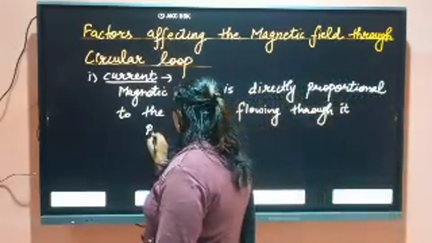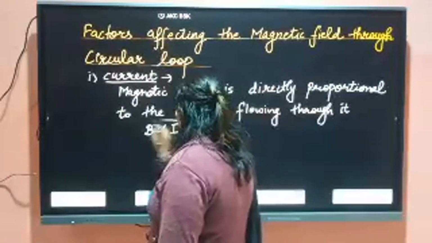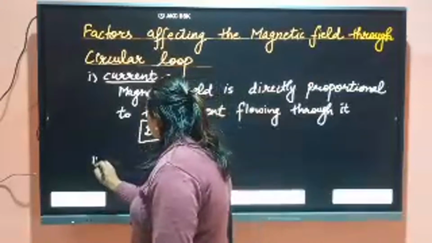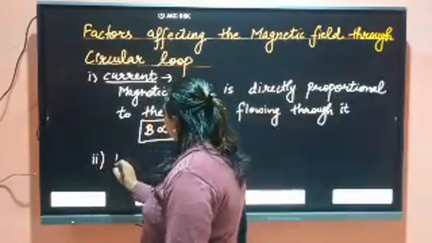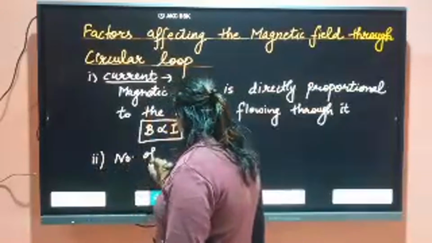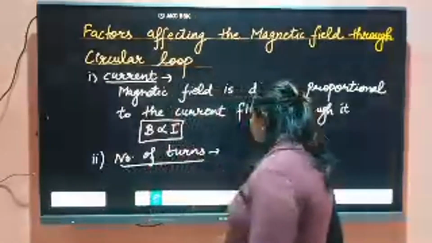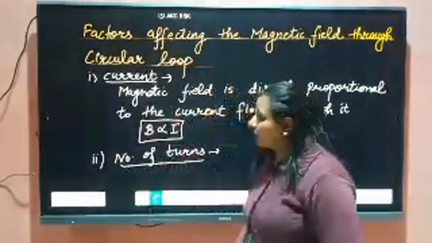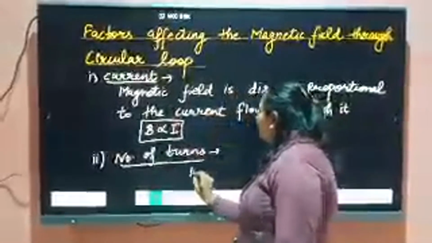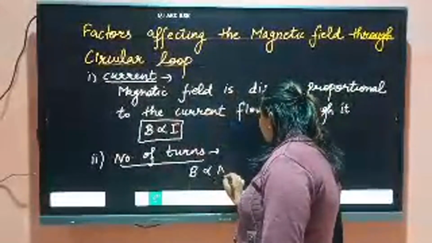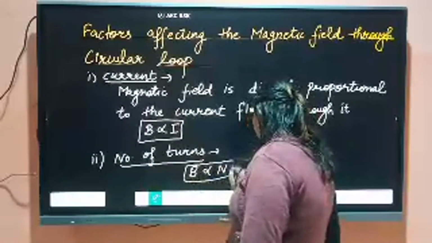That means B is directly proportional to I, right? The second factor is the number of turns. So B is directly proportional to the number of turns.